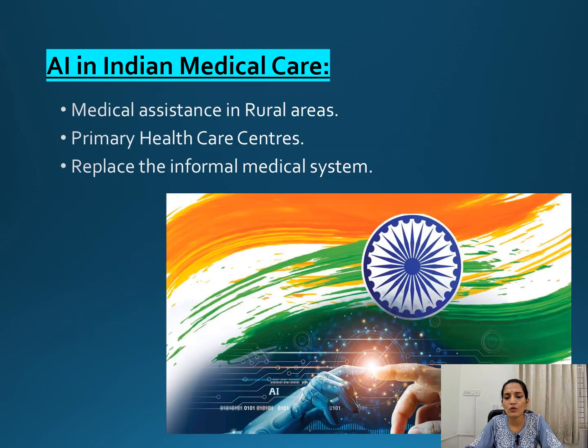So how is this going to be applied? This is the application of AI in Indian medical care. In India, the population explosion is huge, but there are a very limited number of doctors. And just before, I gave the example of primary healthcare centers as well. How has the scarcity of doctors been impacting the primary healthcare centers?